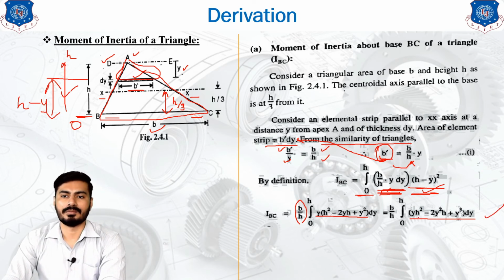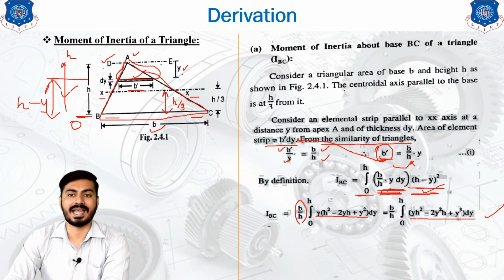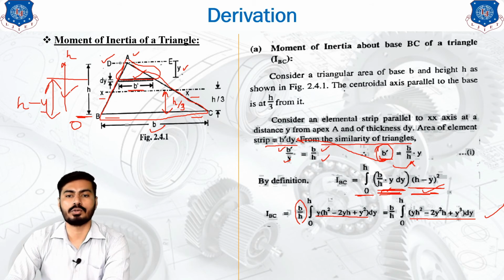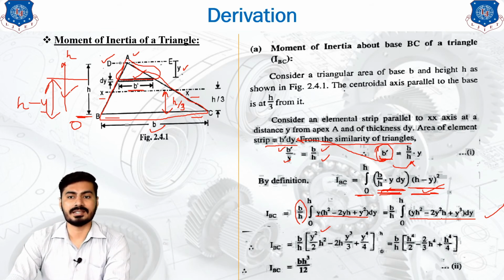In the first term, we keep h square as a constant and y as a variable. So the integration of y is y square by 2. Now y square by 2 into h square is the integration of the first term. Minus the second term, which is 2h as a constant and y square integration.